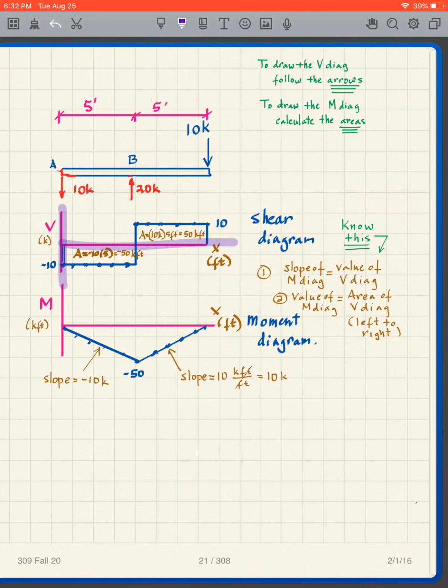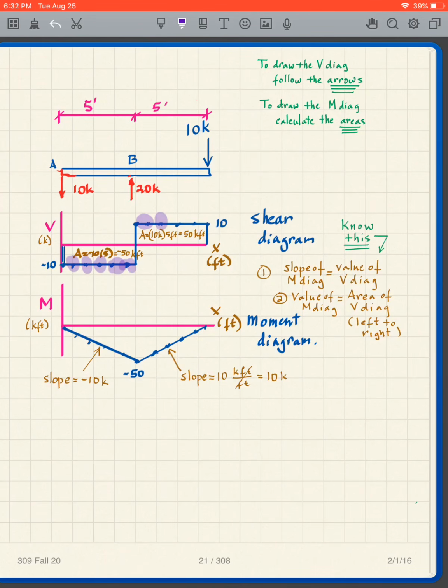And now we are going to plot these values. What we found was, at x equals 1, it's negative 10. At x equals 2, it's negative 10. At x equals 3, it's negative 10. At x equals 4, it's negative 10. At x equals 4.99999, it's negative 10.